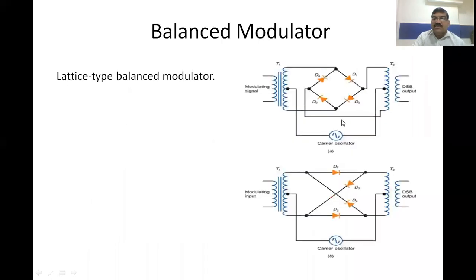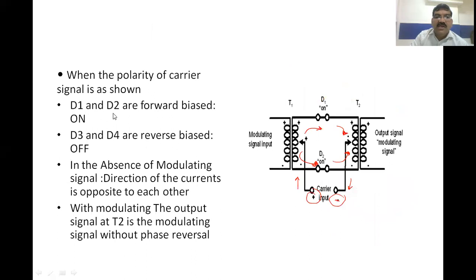So here you can say this is D1 and this is D2. This is the carrier signal, that is the oscillator signal. So when it is positive, then D1 and D2 both are forward biased, that is on, and D3 and D4 are reverse biased.